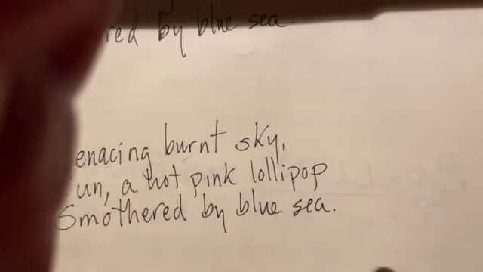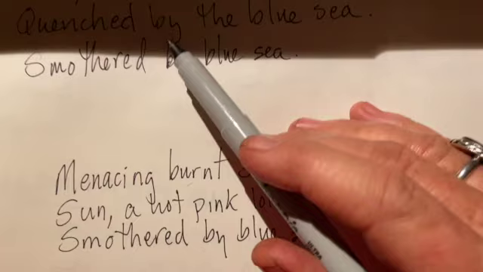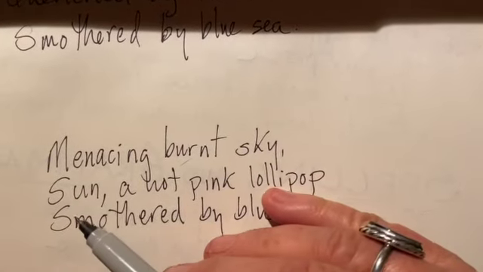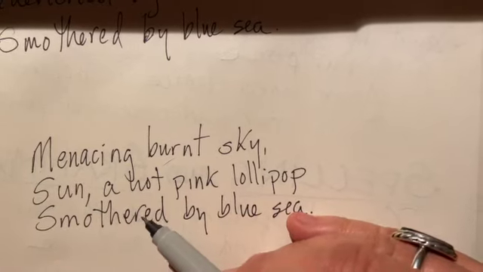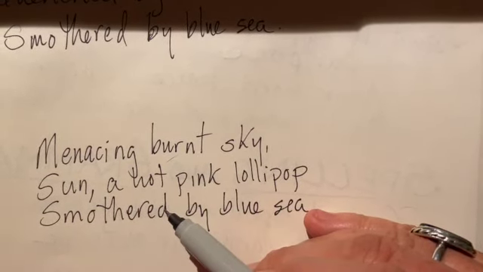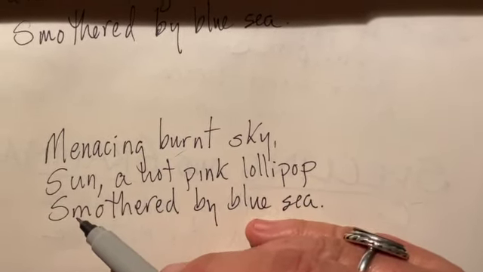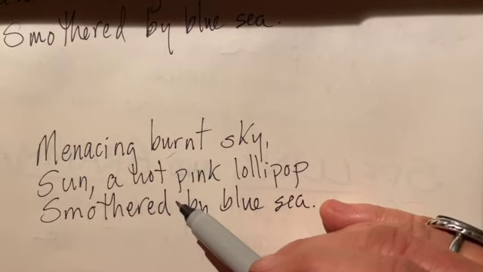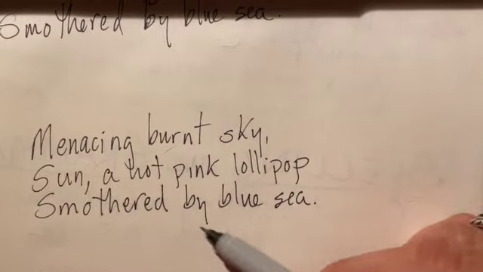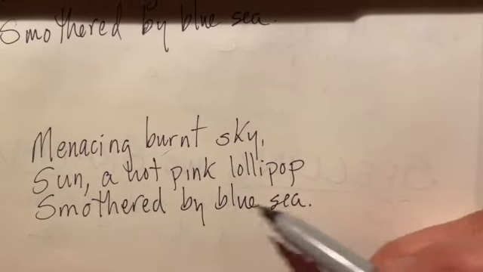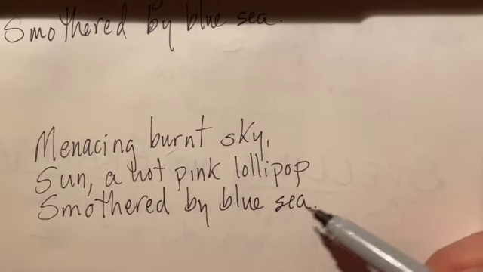That meant I had to drop the article, the, that we had before, because smothered is actually 2 syllables rather than 1, like doused or quenched. So smothered is 2, by blue sea, that's 3. If I put the, I'll have 6 syllables, it'll be too much.